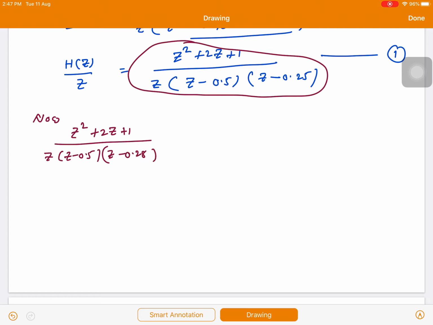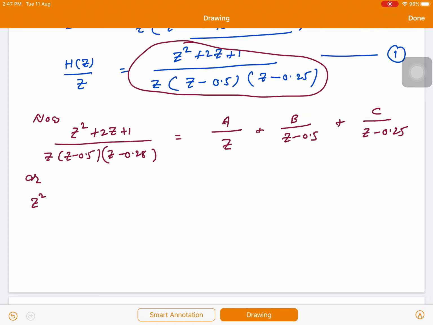So for partial fraction we can write it down as A by z plus B upon z minus 0.5 plus C upon z minus 0.25. Okay, simple mathematics.